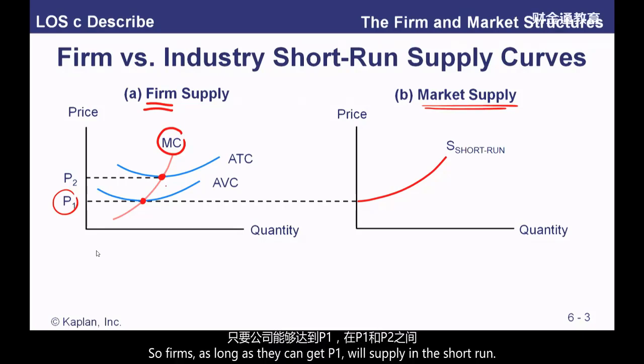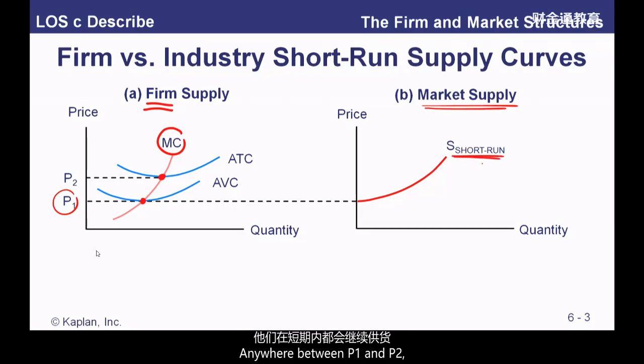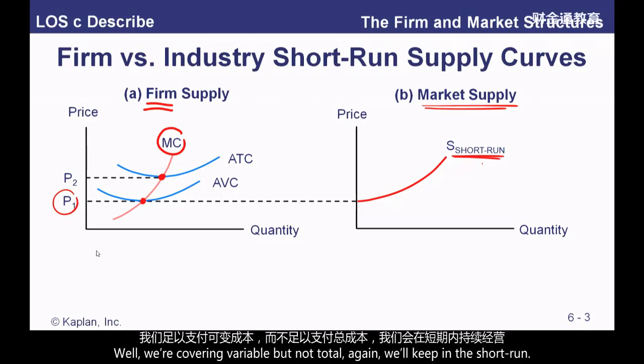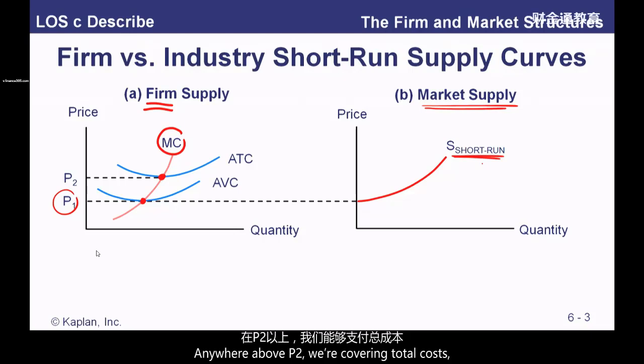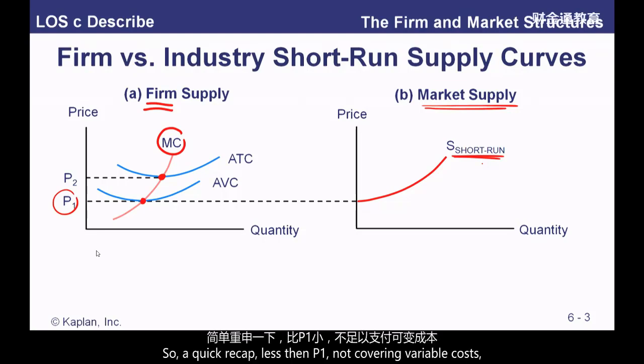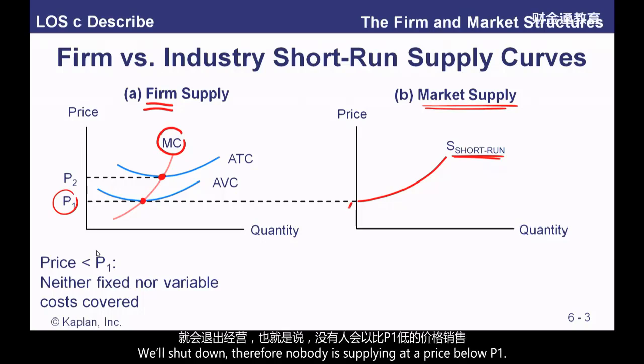So firms, as long as they can get P1, will supply in the short run. Anywhere between P1 and P2, we're covering variable but not total costs. Again, we'll keep going in the short run. Anywhere above P2, we're covering total costs, and the firm should also keep going in the long run. So a quick recap. Less than P1, not covering variable costs, we will shut down.